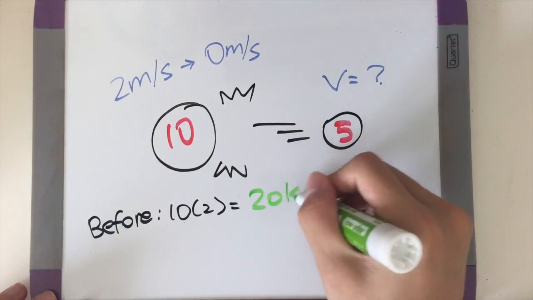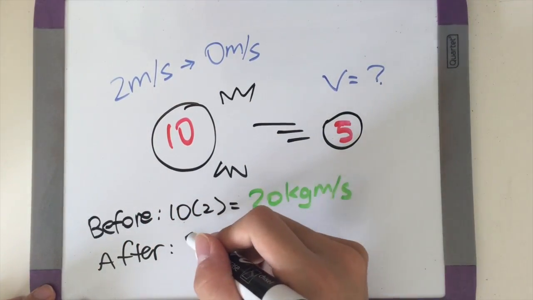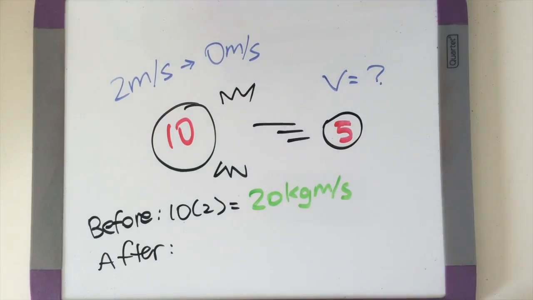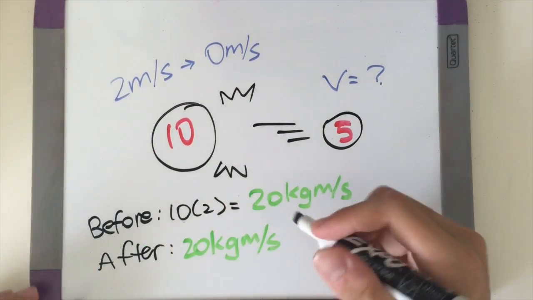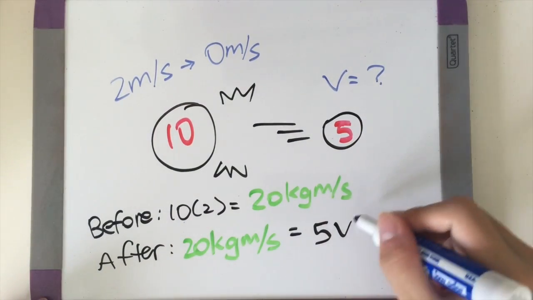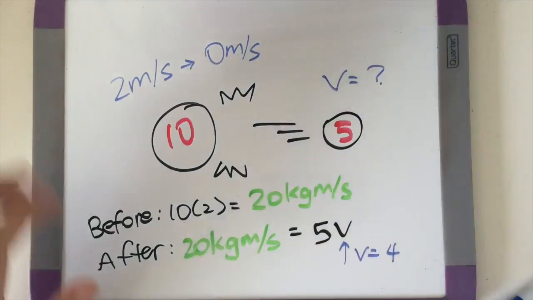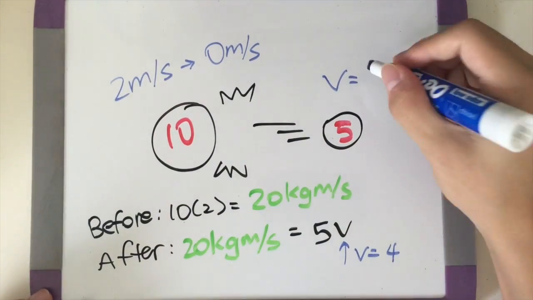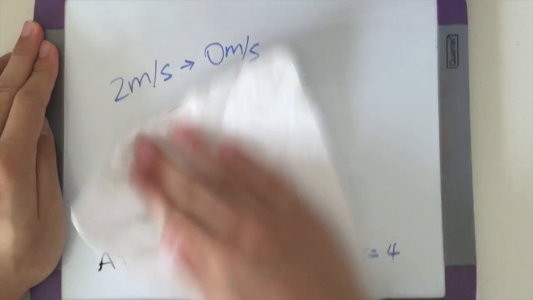Before the collision, we have 10 times 2 plus 0, which is 20 kilograms meters per second, and after the collision, we have 5 times v. 5 is the mass of the smaller ball, and v is the velocity we need to find out. Now, after some simple algebra, we find out the velocity is 4, which means that after the collision, the smaller ball, which is 5 kilograms, is moving at 4 meters per second.